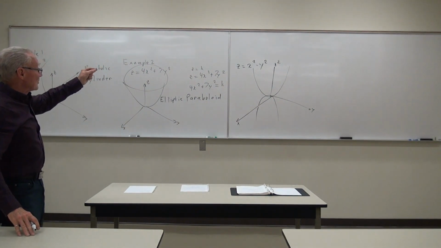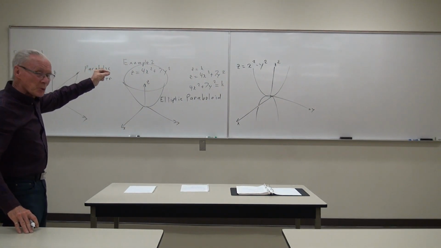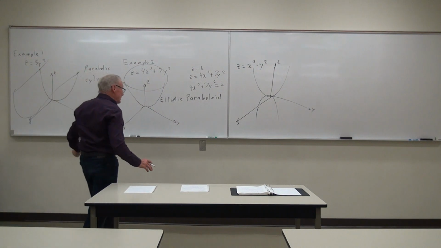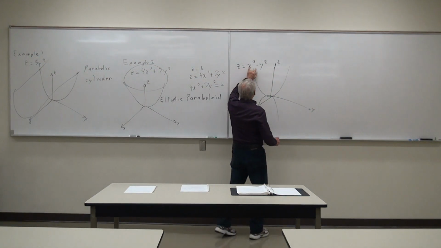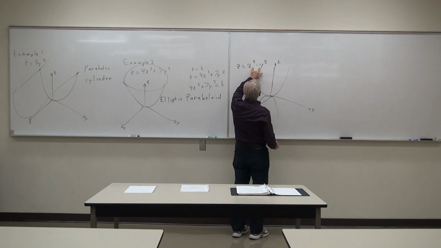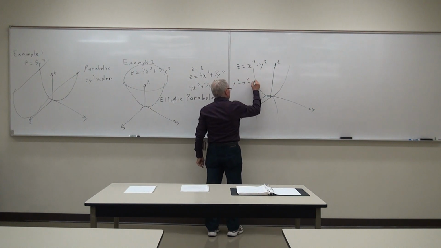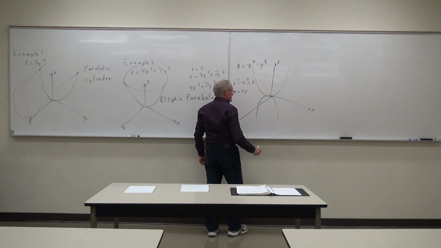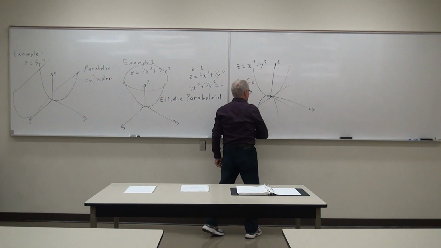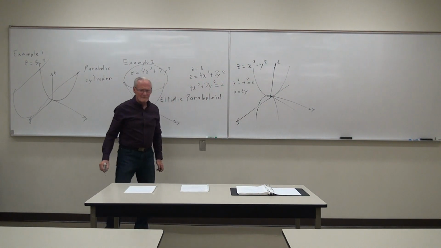What if you intersect it with the xy plane by putting z equal to 0? You put z equal to 0, what do you get? X squared minus y squared is equal to 0. That means x is equal to plus or minus y. Two straight lines, one this way, one that way. Oh, good God.